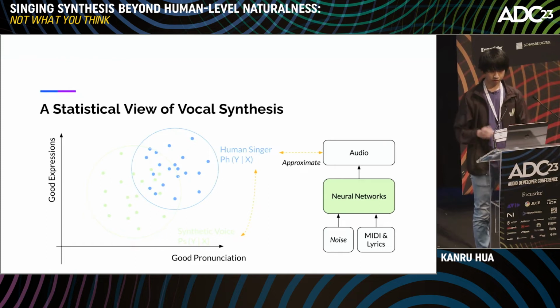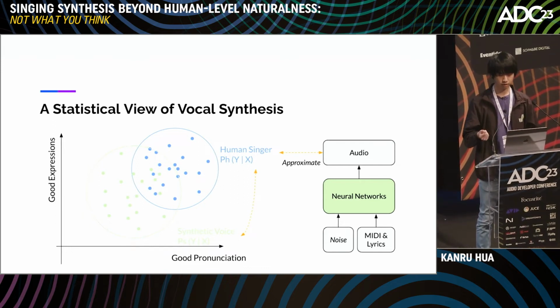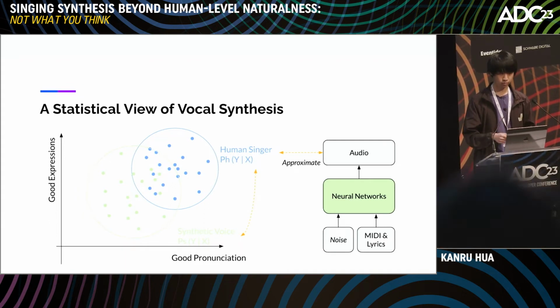The goal here is we have a neural network. Each time we run it, we use it to generate a slightly random, slightly different audio sample. And we want to make the network generate the same distribution of samples as the human voice. So in statistical terms, it's a distribution approximation problem.